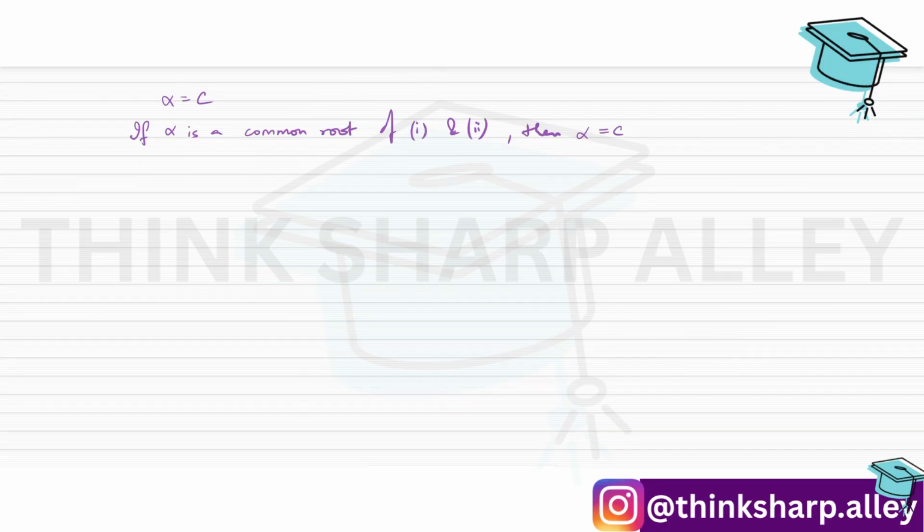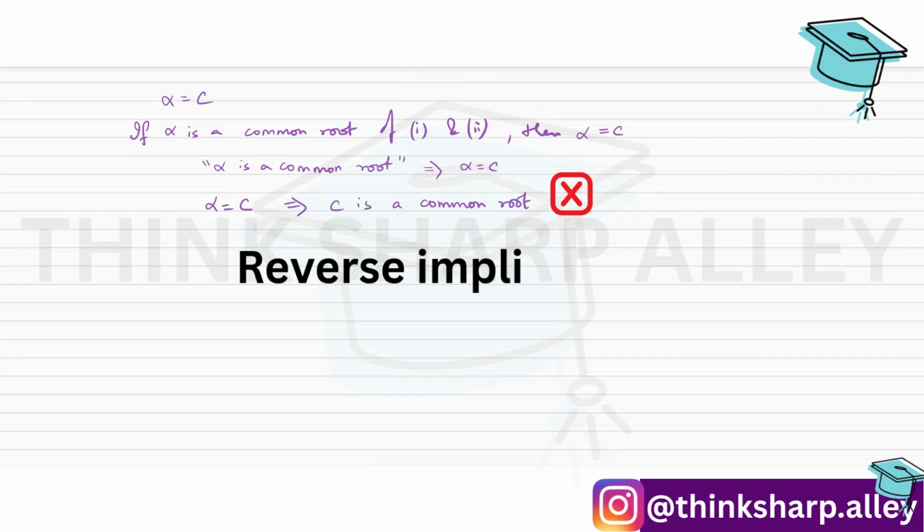Symbolically, alpha is a common root implies alpha is equal to c. But what we did, which is the mistake, was to treat it like alpha is equal to c implies c is the common root. That is the reverse implication and it is not logically valid.